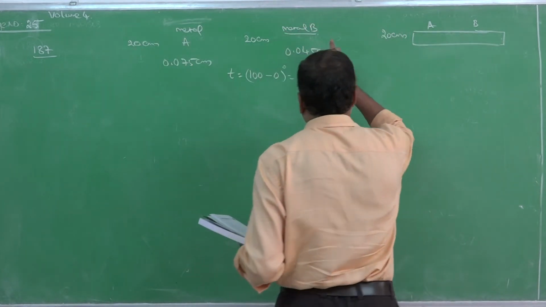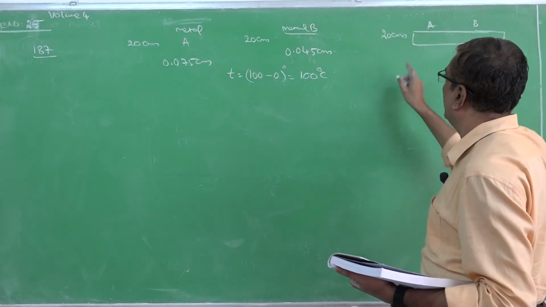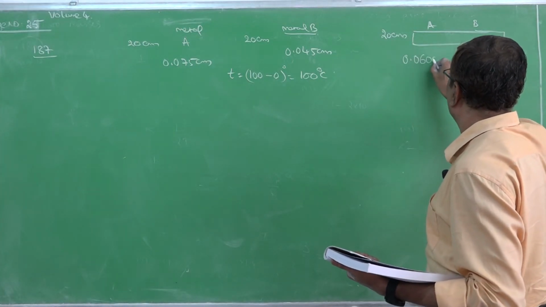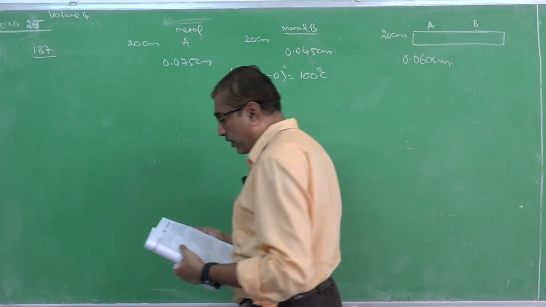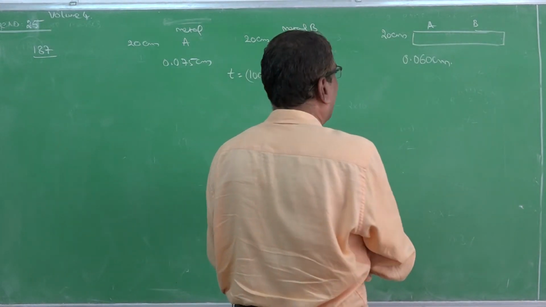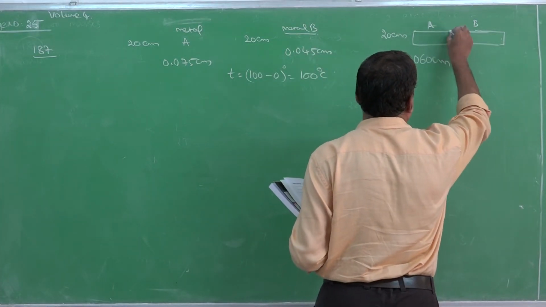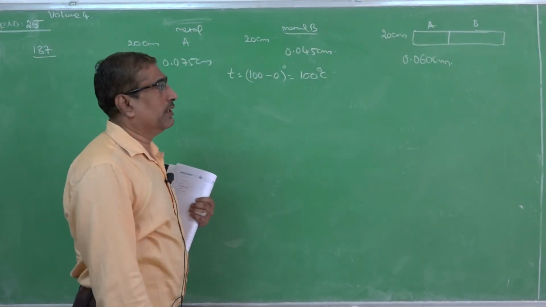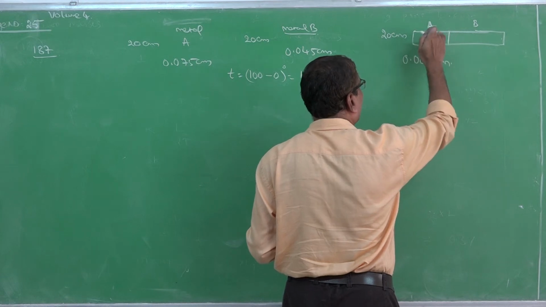Again heating through the same temperature difference of 100 degrees centigrade, this particular rod expands by 0.060 centimeter. Now, the question is, what is the length of the portion of metal A in the combined rod? So, you have to find this length of rod A.